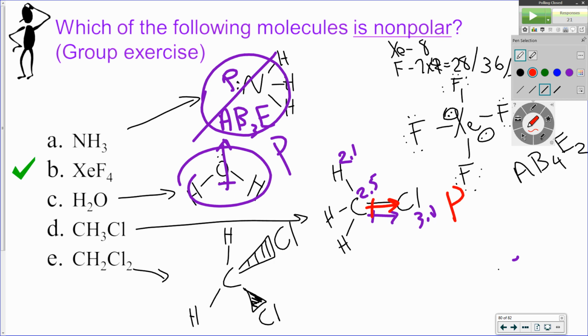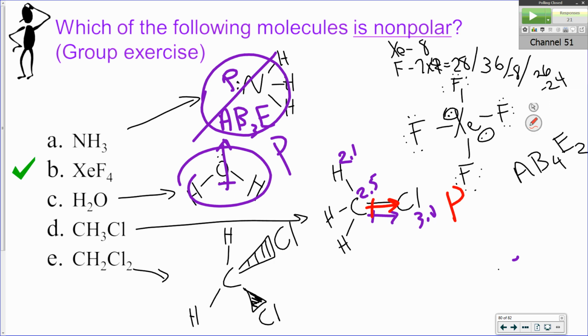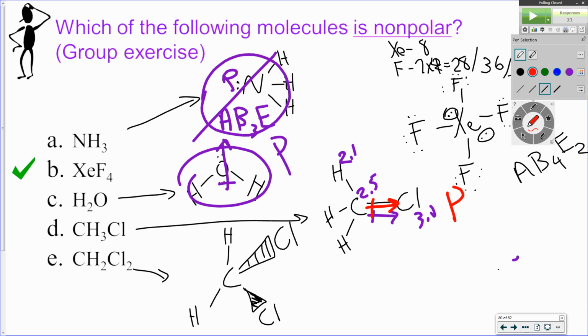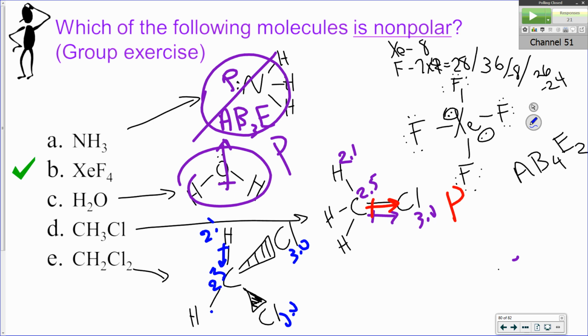And if you look at the one below it, now you've got 2 chlorine atoms substituted on there. You've got the same thing now. The electronegativity is greater for the chlorine atoms. So you've got a small dipole moment in this direction, that's supposed to say 2.5, but then you've got a big pull in this one and this one.